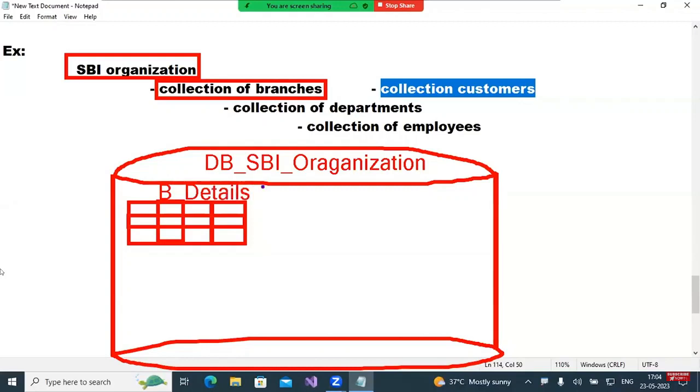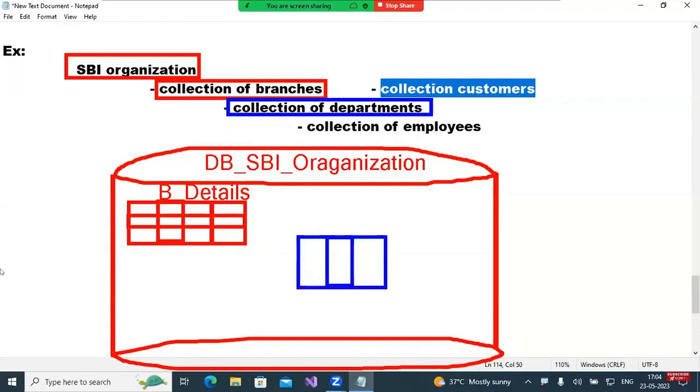Okay, now I'm creating one more table. For what purpose? For storing departments information. So again I will create one more table. This table has department details. Now I'm creating one more table.